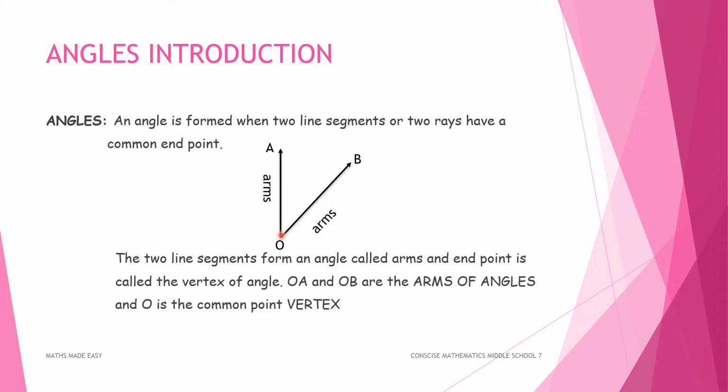And here OA and OB are the arms of the angle, because the angle is formed with the help of these two arms, and O is the common point where arm A and arm B meet. Right, I hope you understood what an angle is.